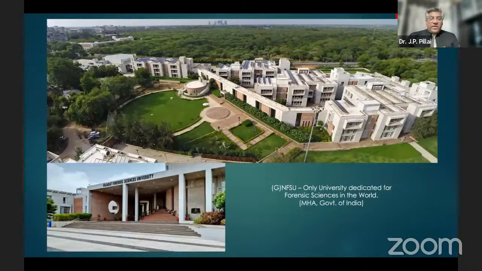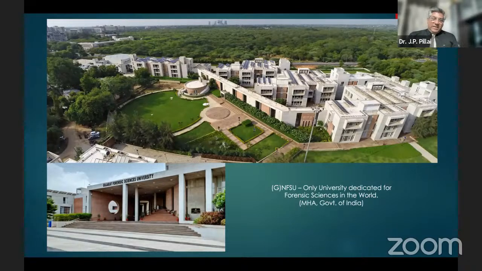So this is the setup what we have currently. Another thing is this institute has an MOU or a collaboration tie-up with the National Forensic Sciences University, the only university in the world which is imparting knowledge on all topics or subjects related to forensics. This is situated in the capital city of Gujarat, that is Gandhinagar. Twice the Government Dental College has had an MOU with this institute. And this is the institute where I also did my postgraduation in forensic odontology.